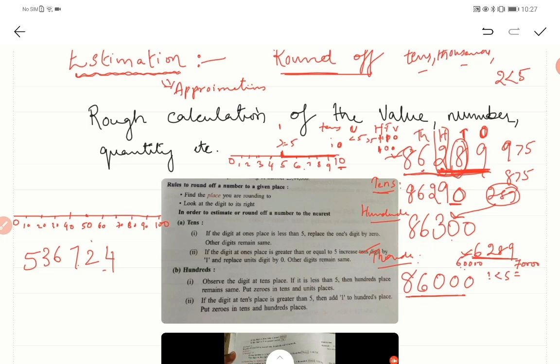If you want to round off towards the tens place, you need to check the digit at the ones place.